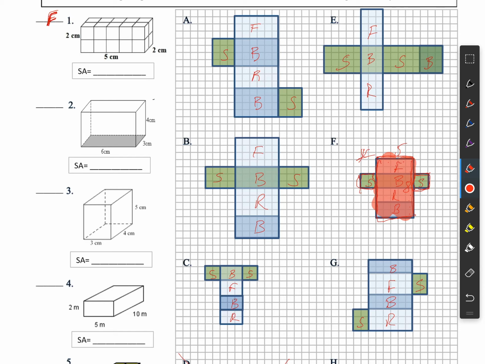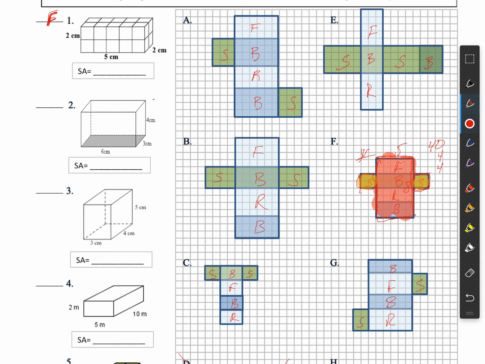So that's what I'm finding the area for. That's 5 by 8. A quick calculation tells me that's going to be 40. And then I have these two sides. These are 2 by 2 sides. So for area, 2 times 2 is going to be 4. Now remember, there are 2 of them, so I have to add another 4.